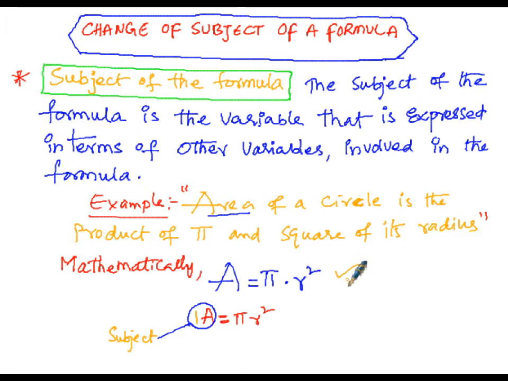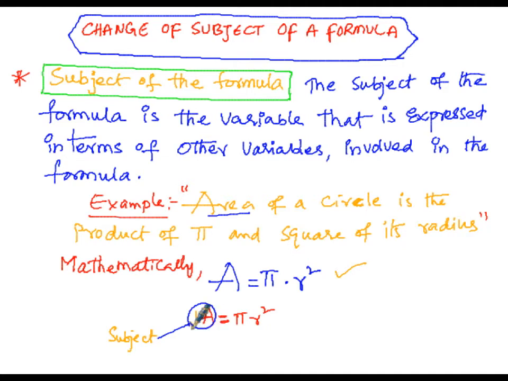Here A is the variable; the subject is nothing but a variable, that is A. This is expressed in other variables. The other variable is r. So A is expressed in the other variable, that is r square, in terms of r, the radius. Therefore, the subject will be alone on the left hand side, that is the variable, and its coefficient must always be 1, then it will be called the subject.